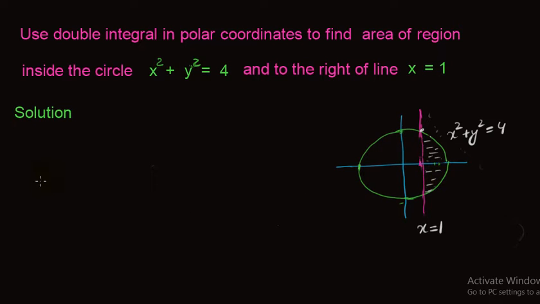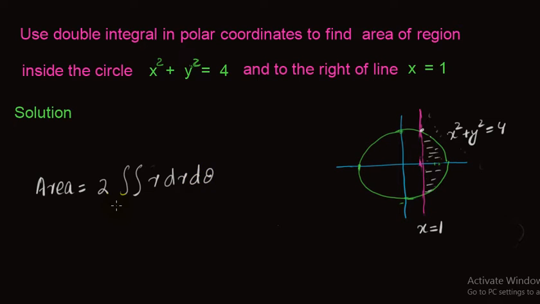So this area is equal to, as this region is symmetric about x-axis, we find the area in first quadrant and multiply it by 2. So this area equals 2 times double integration over this region r dr d theta.